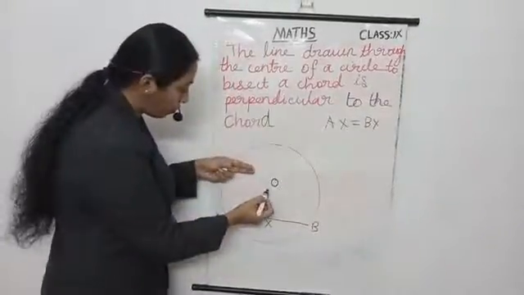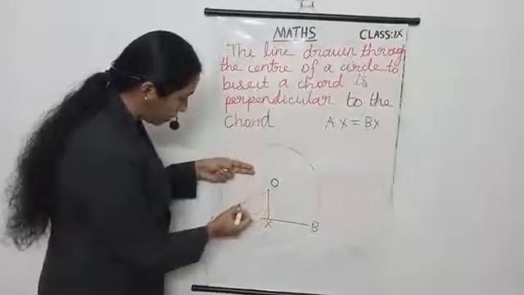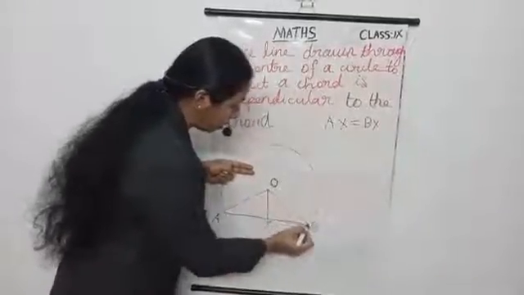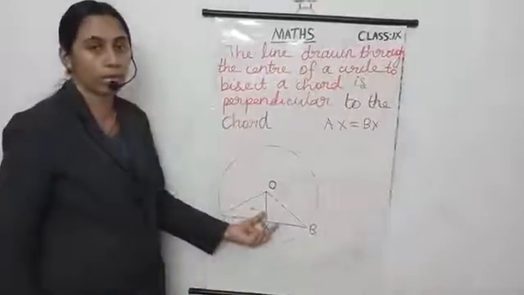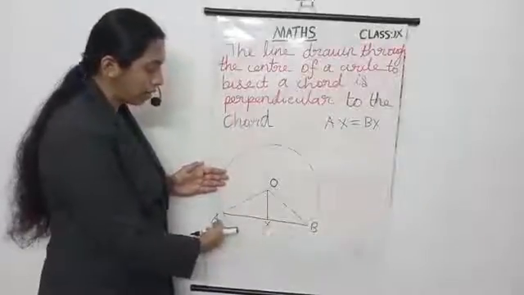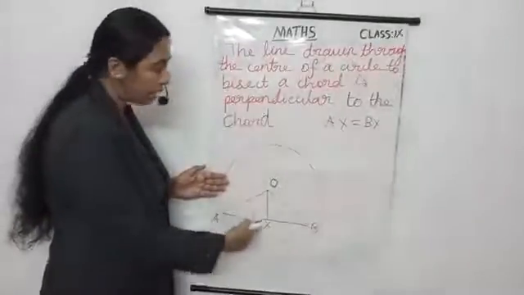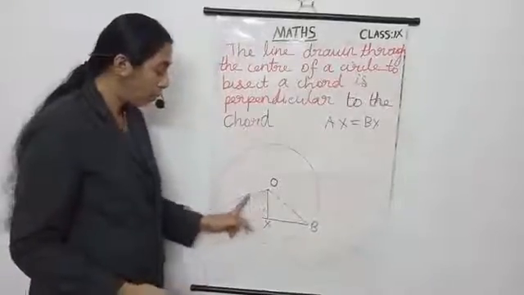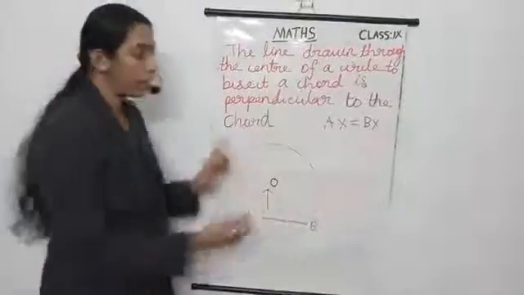Now join O to A and O to B. Okay, we got two triangles. Now consider triangle OXA or AOX and BOX. Consider these two triangles. OA equal OB.